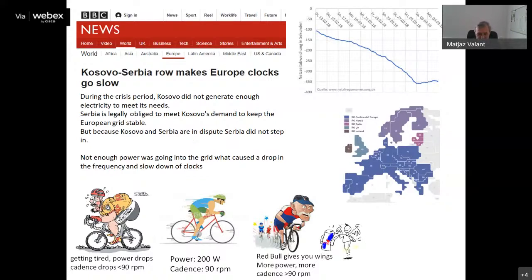He gets more power, and so he can pedal with a frequency of more than 90 RPM. This is pretty much similar to what happens in our grid when the power is changing and the frequency is following.